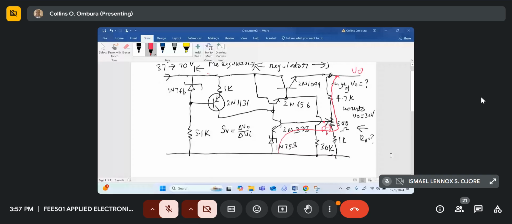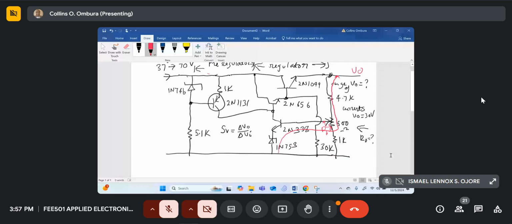So this Zener is 6.2 volts, 400 milliwatts Zener, and the other Zener 746. This is 3.3 volts, 400 milliwatts Zener.